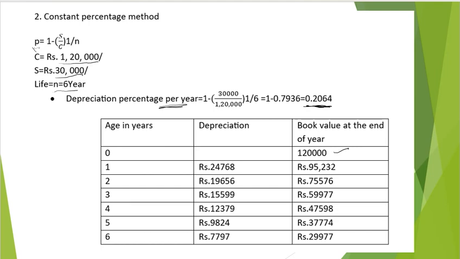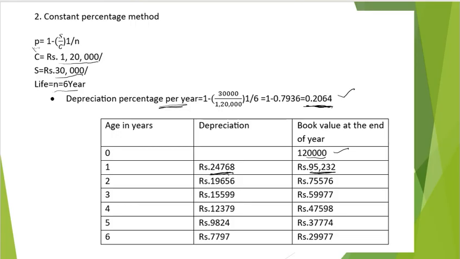So see, at the start the value is 1,20,000. At the end of first year, depreciation will be 1,20,000 multiplied by 0.2064, which is 24,768. So book value will be 1,20,000 minus 24,768, which is 95,232.